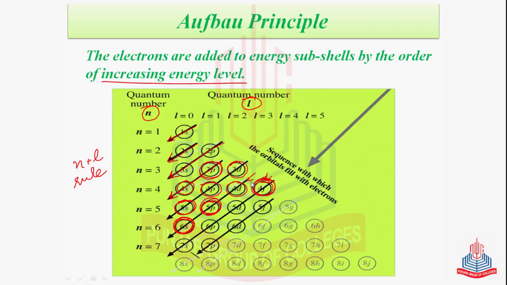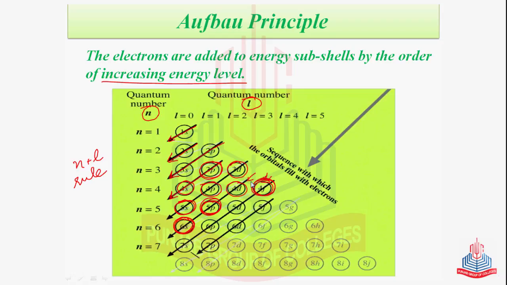So it all depends upon the energy level. The electrons are added to the energy subshells by the order of the increasing energy level. That is the Aufbau principle.